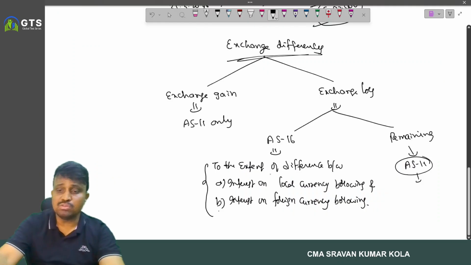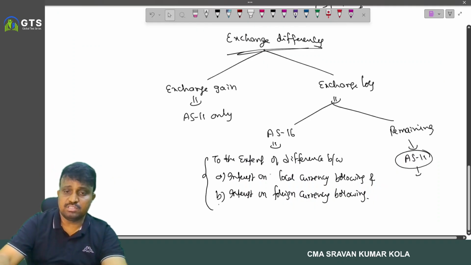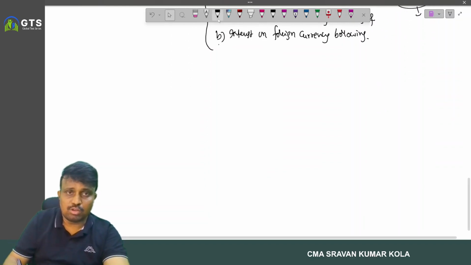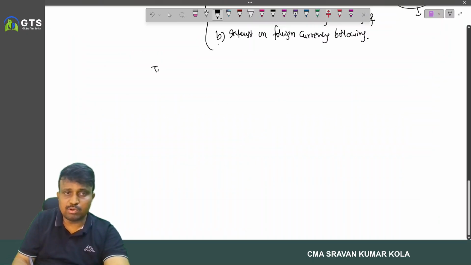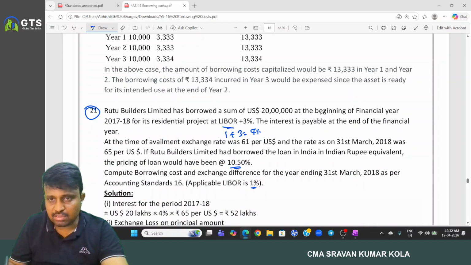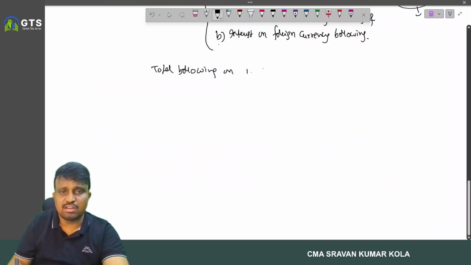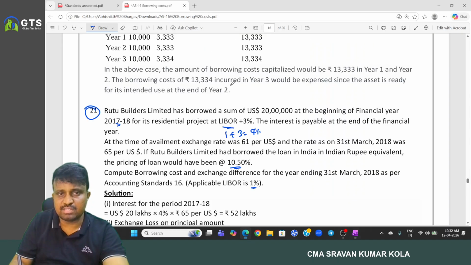Okay. So first of all, what is the loan we have taken? 20 lakh dollar total borrowing. On what date did we take it? At the beginning of the year, say 1/4/2017.